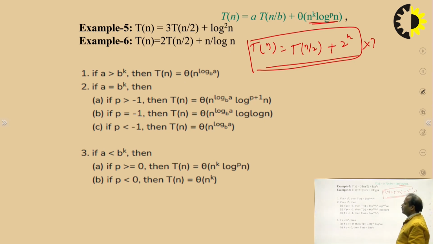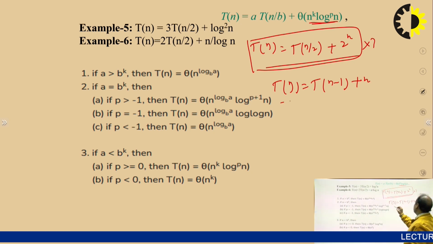Yes. So you know that our derivation of the master method is coming from the recursion tree, because the master method is also not going to work if the recurrence is of this form: T(n) is T(n-1), let's say, plus n.